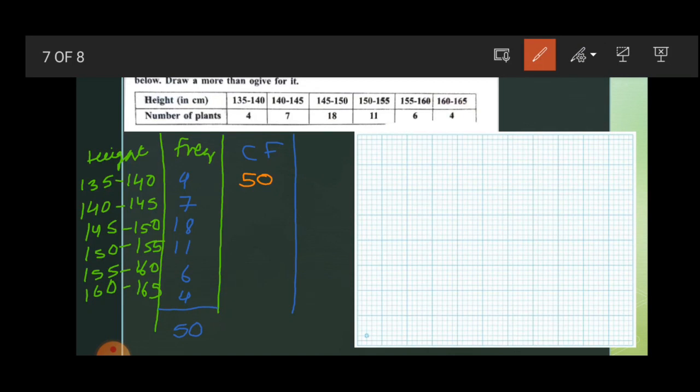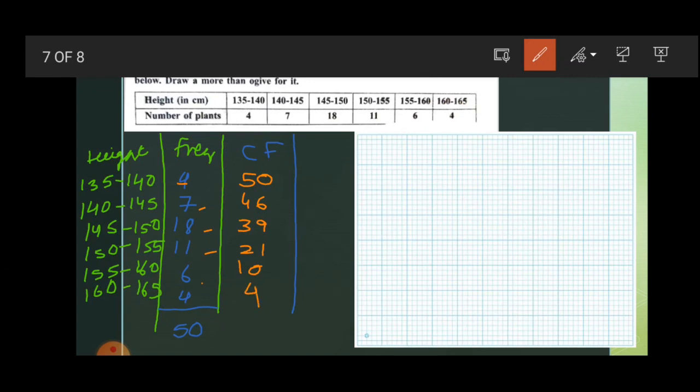Now subtract the frequencies one by one to get the cumulative frequency. 50 minus 4 is 46. 46 minus 7 is 39. 39 minus 18 is 21. 21 minus 11 is 10. 10 minus 6 is 4.